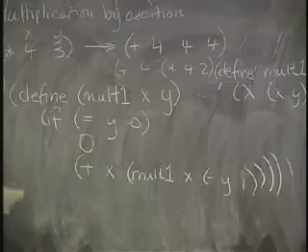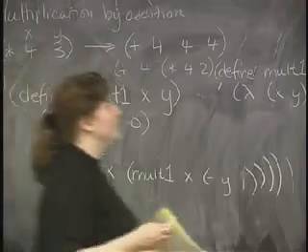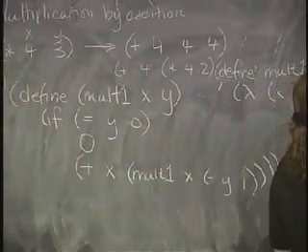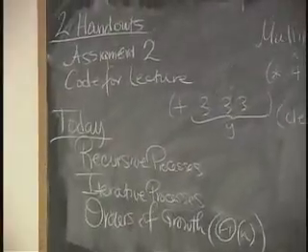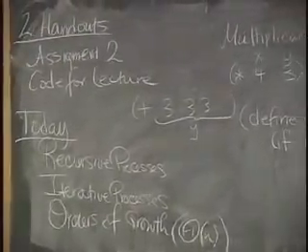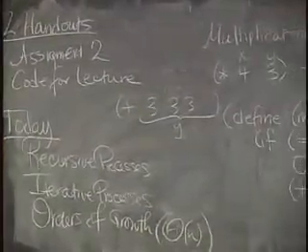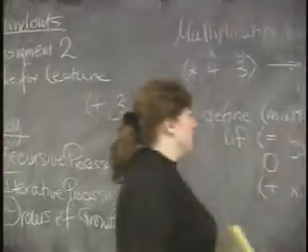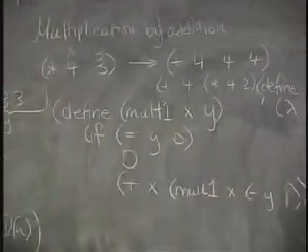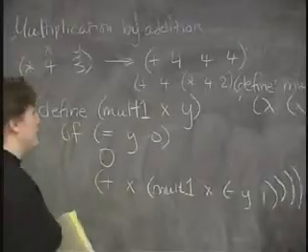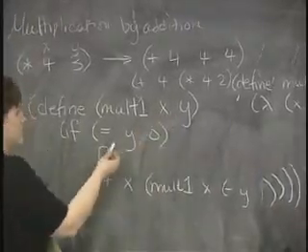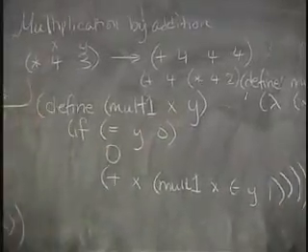Let's look at the substitution model for mult1. Let's evaluate mult1 3, 4. Let's do this a little more informally than we were using the substitution model yesterday. So 3, 4. Is 4 equal to 0?